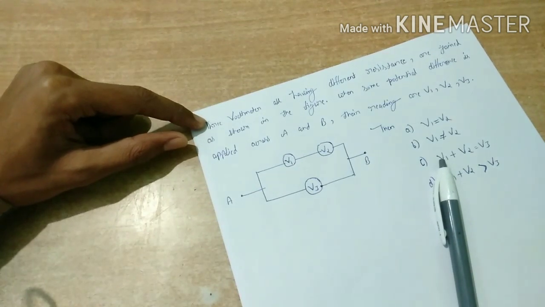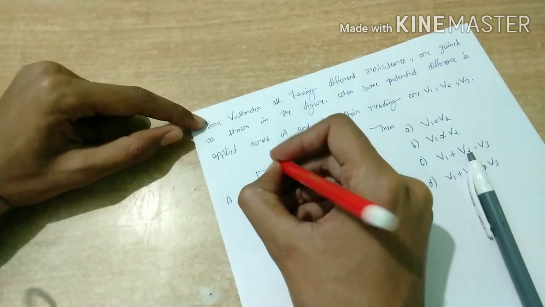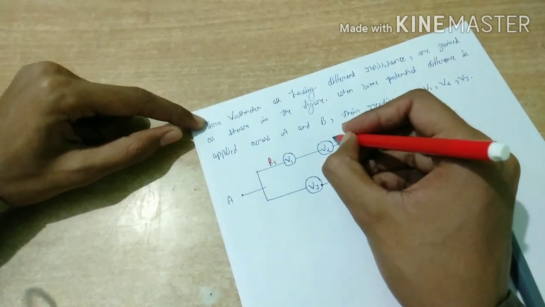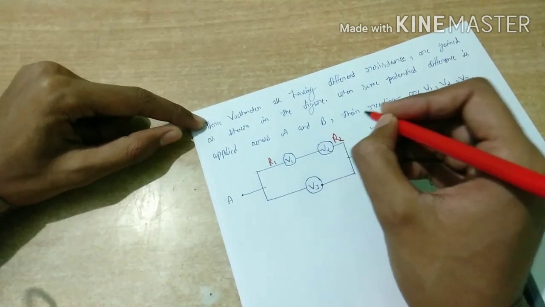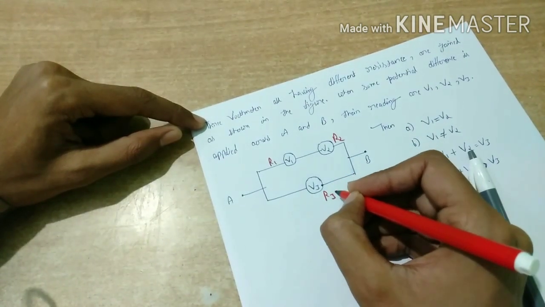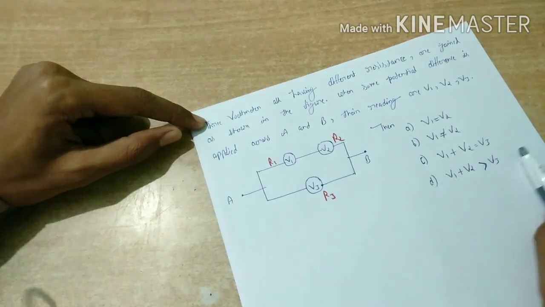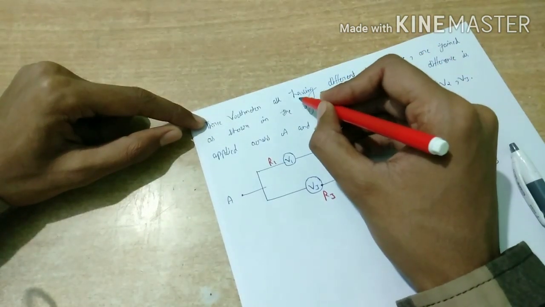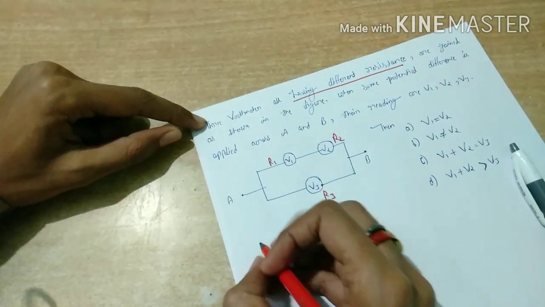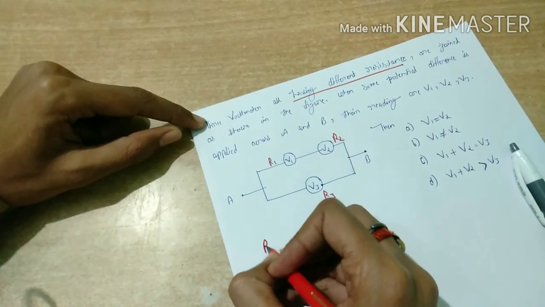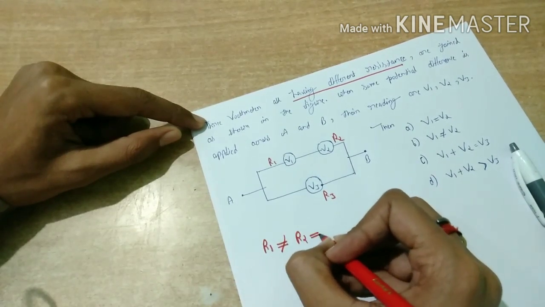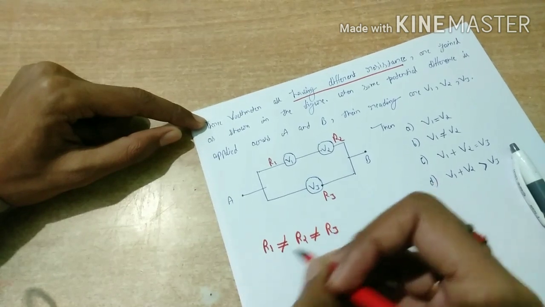Let's say the resistance of V1 is R1, resistance of V2 is R2, the resistance of V3 is R3. They clearly mention in the question that they have different resistance, so we can say R1 is not equal to R2 is not equal to R3.